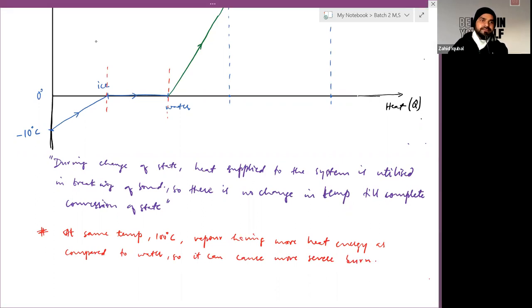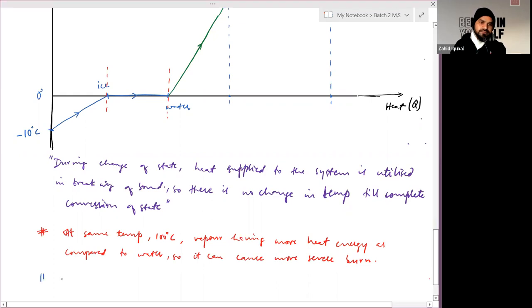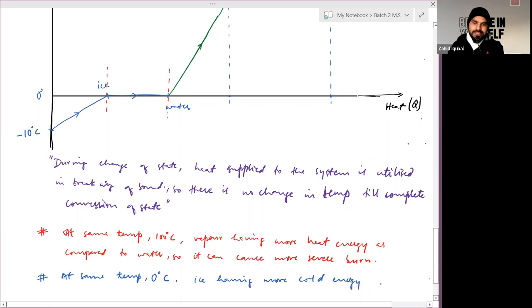Next, at same temperature, 0 degrees Celsius, ice has more cold energy, or less heat energy, as compared to water.